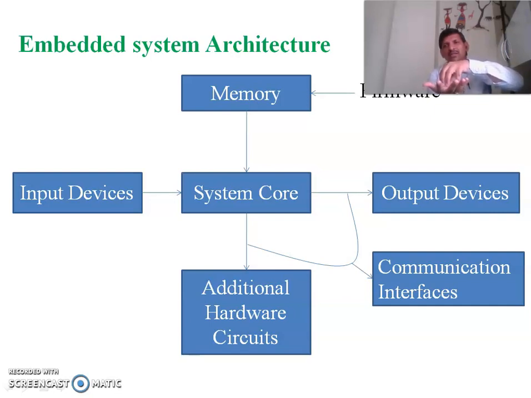If the communication device transfers the data from the PCB to external devices, that type is called off-board communication. Based on our application, we may use on-board or off-board communication devices.